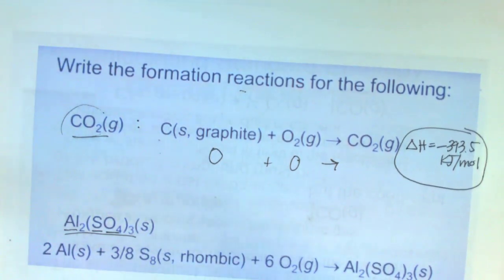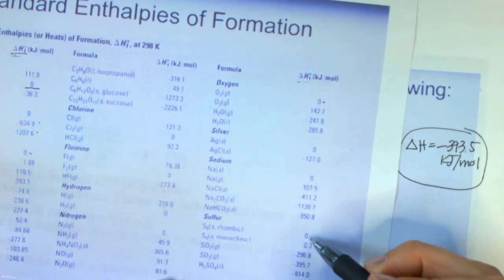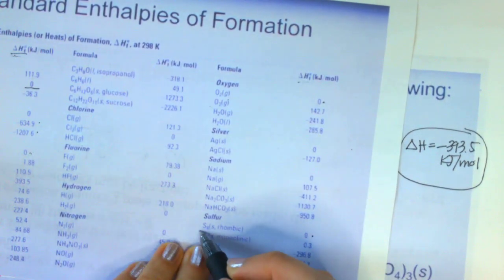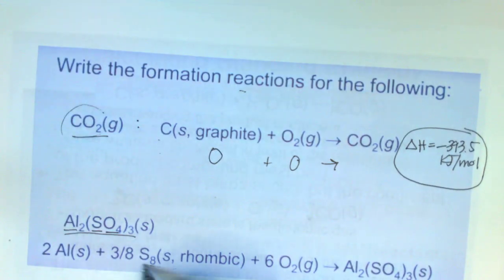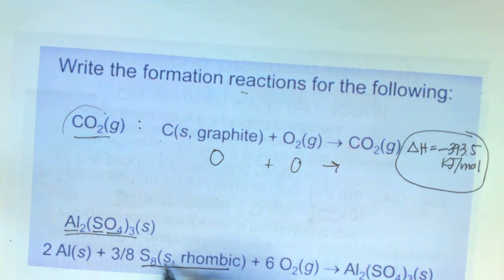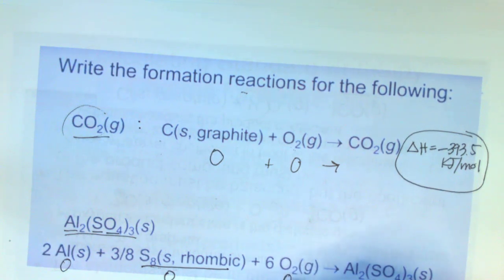So sulfur, if I look on here, sulfur, again, which one is 0? So sulfur in its natural state is S8. It's a rhombic. So I've got my S8 rhombic, which, again, is 0 heat of formation. Aluminum, there we go, aluminum in solid form is 0. And oxygen, we know, hopefully you're starting to learn that O2 is oxygen's natural state.